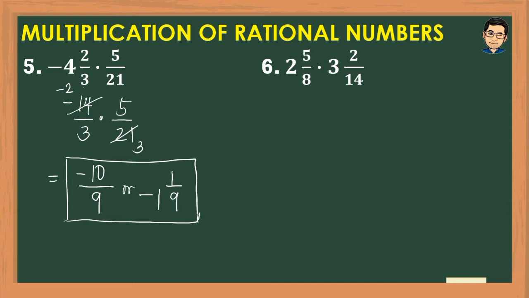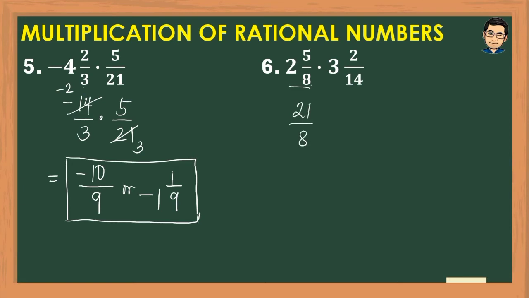Next, 2 and 5 over 8 times 3 and 2 over 14. So as you can see, yung ating mga factors ay parehong mga mixed numbers. So kailangan po natin i-change sa improper fractions para i-multiply. So dito muna po tayo sa 2 and 5 over 8. So 8 times 2, that is 16, plus 5, that is 21 all over 8.